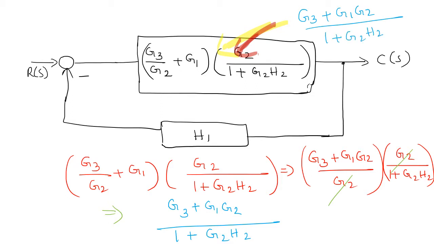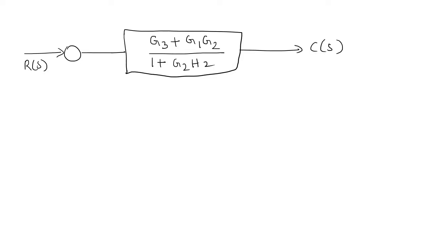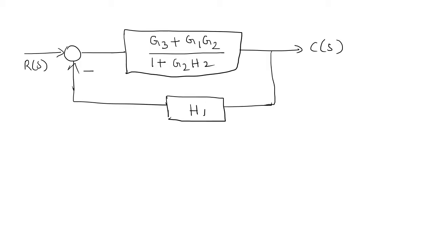With this, I'll redraw our block diagram and replace it by one single block with the simple gain, that is G3 plus G1 G2 divided by 1 plus G2 H2, and here it is C of S, and the feedback is H1. This is in the canonical form.